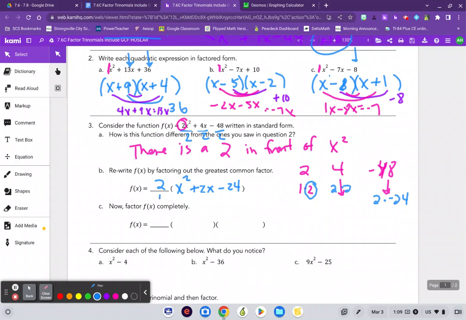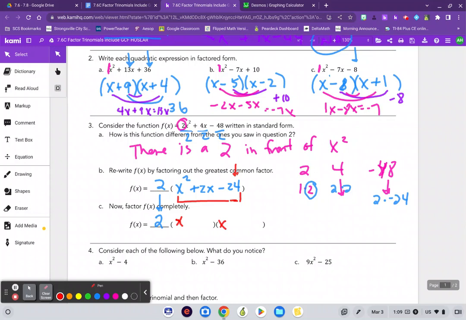So what that means is I'm going to keep this GCF of 2 out front. And then my job is going to be to factor this remaining trinomial, these 3 terms, just like I factored all 3 problems in number 2. Okay, I'm going to split this x squared up as x and x. I'm going to find factors of negative 24 that add to 2.